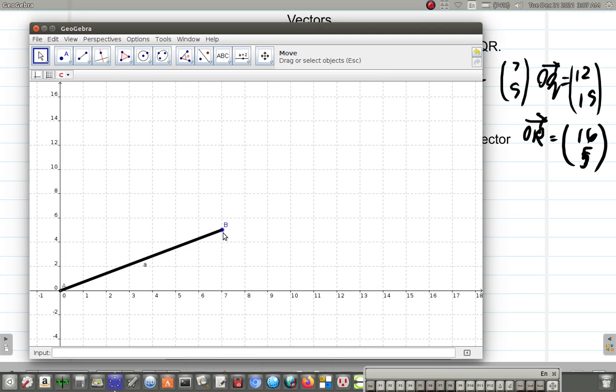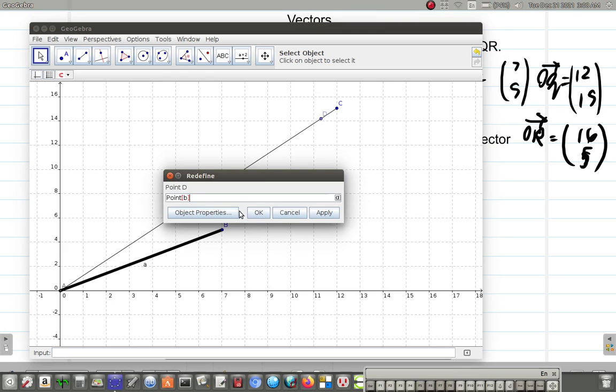So P would end up here. OQ now. For OQ, start here at O, 12 in the x direction and 15 in the y direction. So it's right up here.